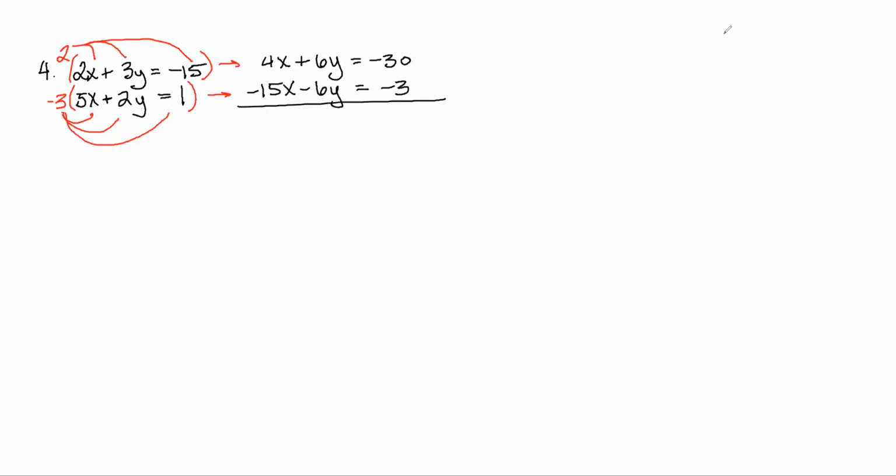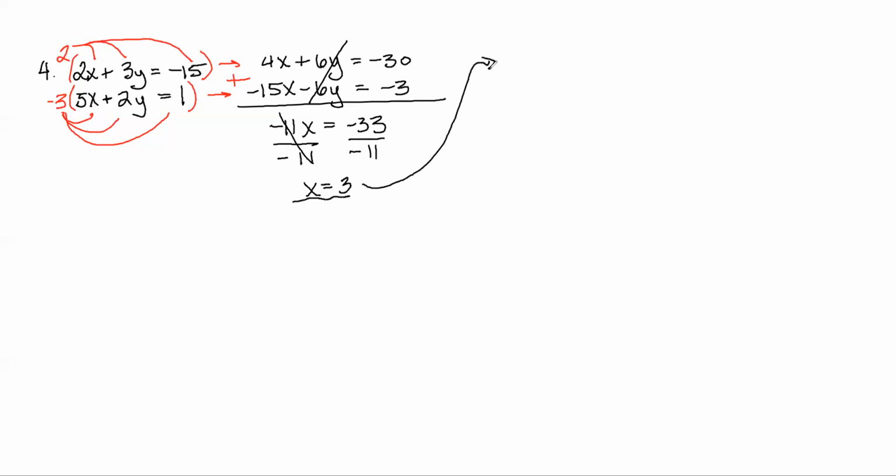And now let's add these together. So 4x plus a negative 15x gives us negative 11x. Y's cancel. Negative 30 plus negative 3 is negative 33. Divide both sides by negative 11. And we get x equals positive 3.